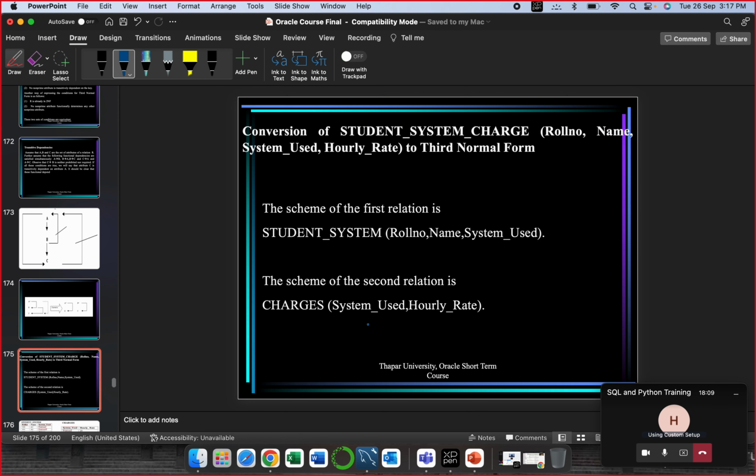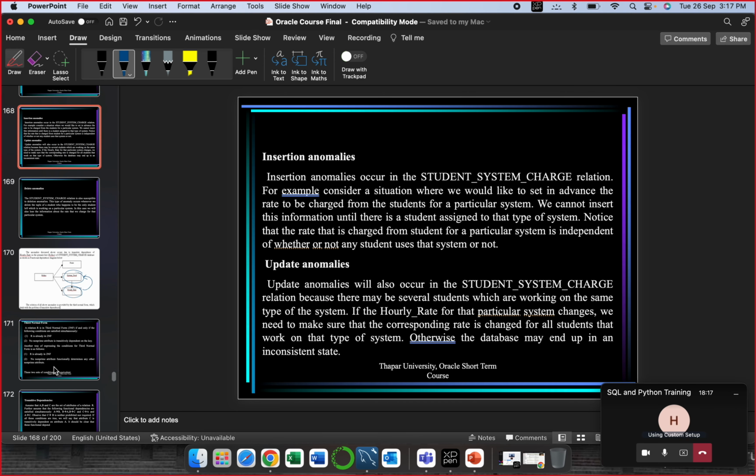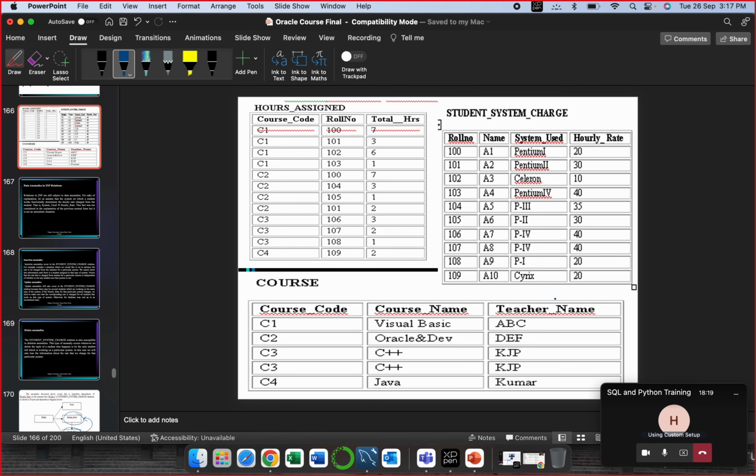Yeah. So we would have student system as a table. So what we are doing actually is, hold on a second. Yeah. So in this table, what we are doing is we are actually keeping these three in one table, and we are creating a new table for these two, system used and hourly rate.